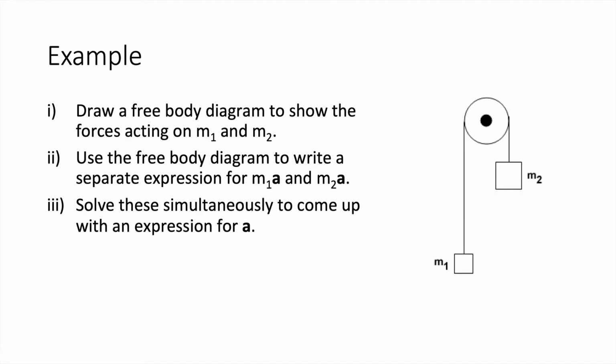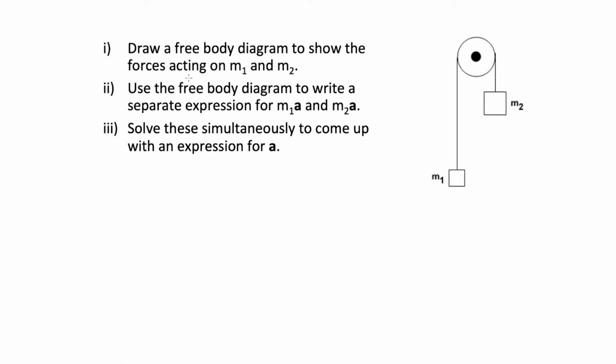Okay, so here's an example of a problem where we'll be using Newton's second law. In this example, we're asked to draw a free body diagram for this system. So with mass 1 here, it's got the weight force m1g pulling it down, and it's got a tension force in the string pulling it up.